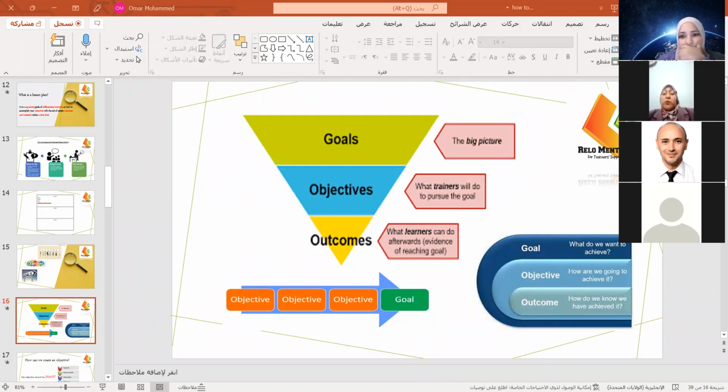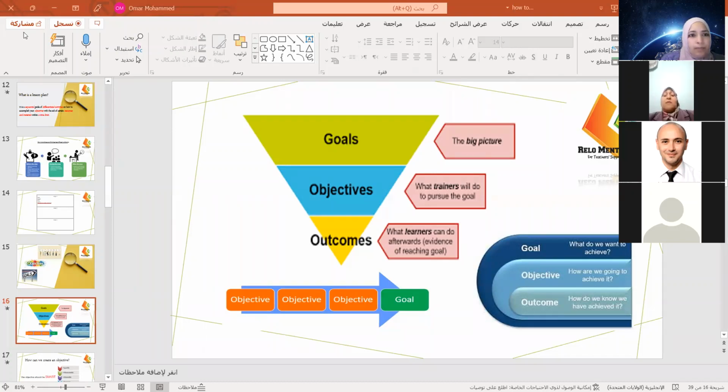So the goals would be what by the end of the year we will achieve, but the objectives are divided by the end of the lesson or by the end of the week. So goals are general, but objectives are specific, and they take a short time.